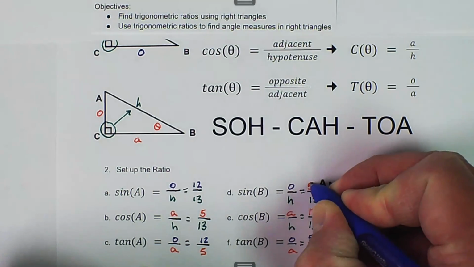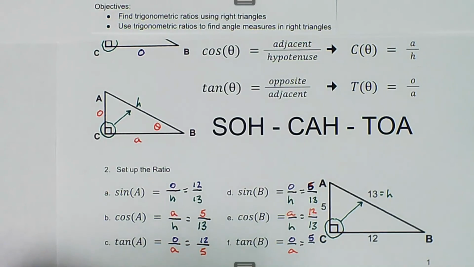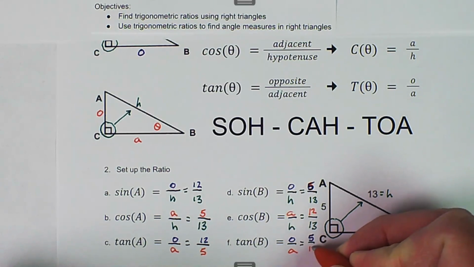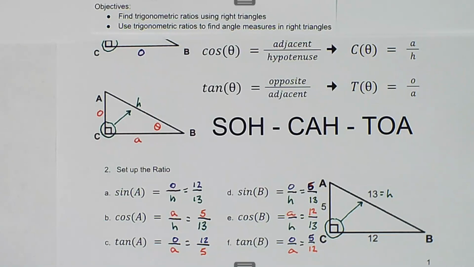I guess I wrote this 5 in the wrong color. So opposite is 5, and adjacent, or the side touching, is 12. And that's a brief example of the trig ratios.